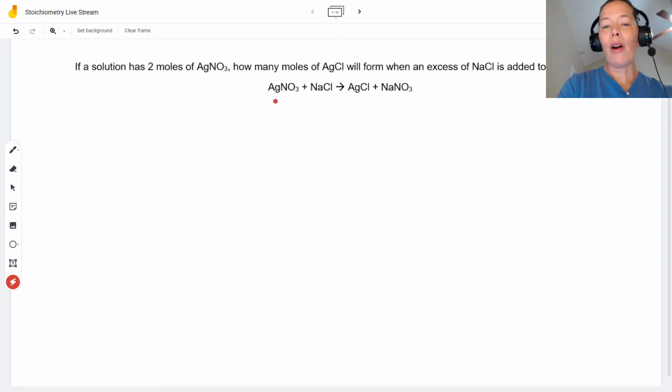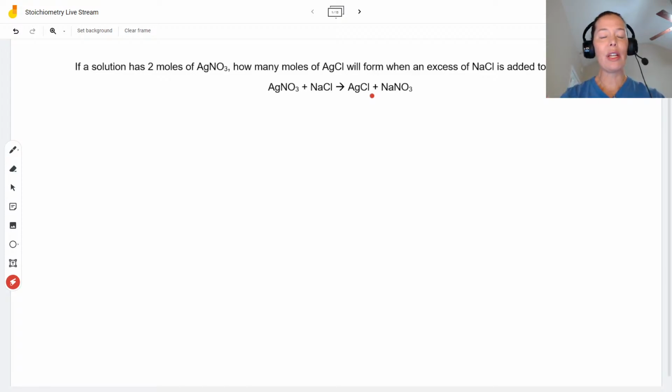So my problem already has a chemical equation here, and this is how we are going to connect the silver nitrate and the silver chloride. Without a chemical equation, you cannot make the connection between the 2. So that is what tells me it is a stoichiometry problem. If ever you're given information about one molecule, asked about another, chances are you're looking at a stoichiometry problem.